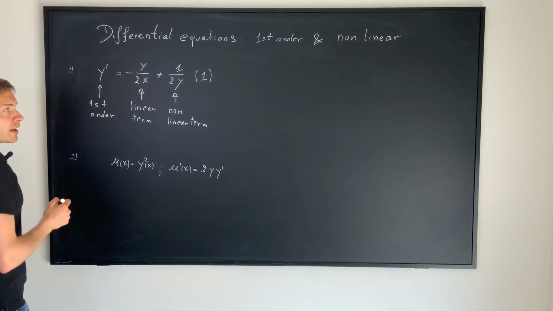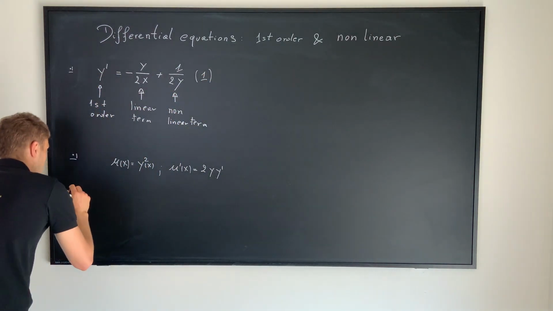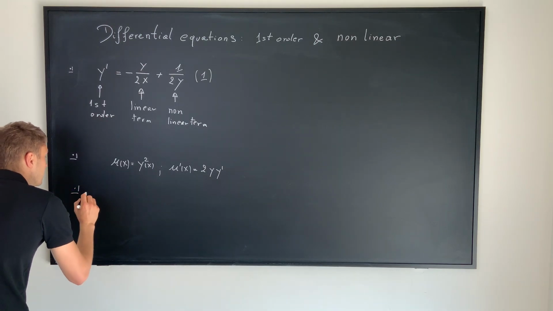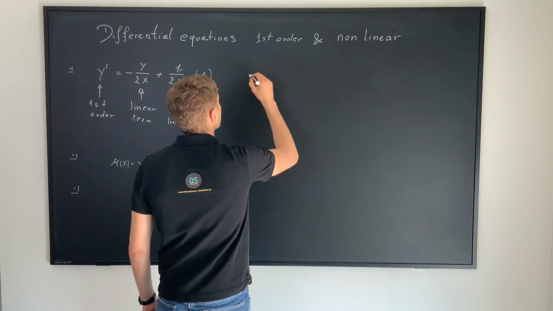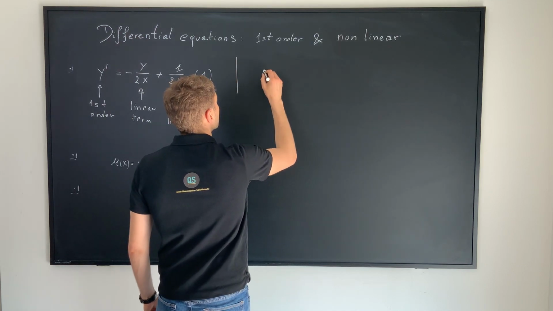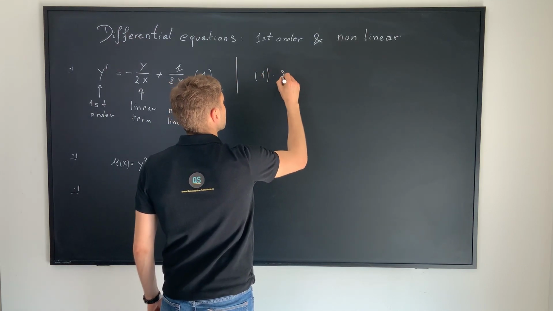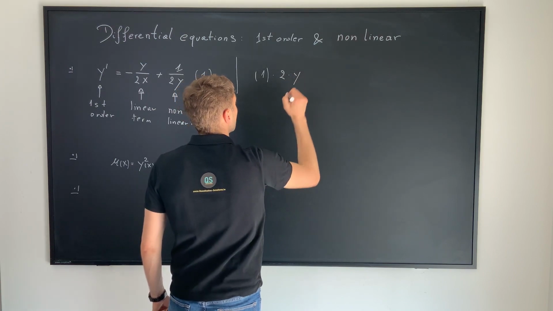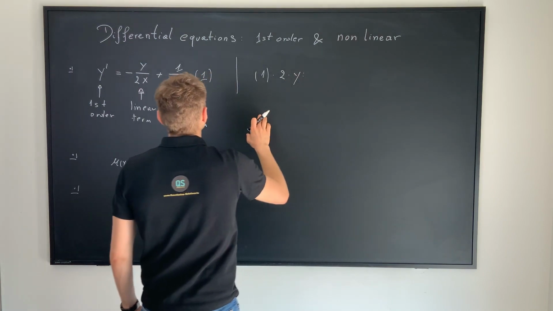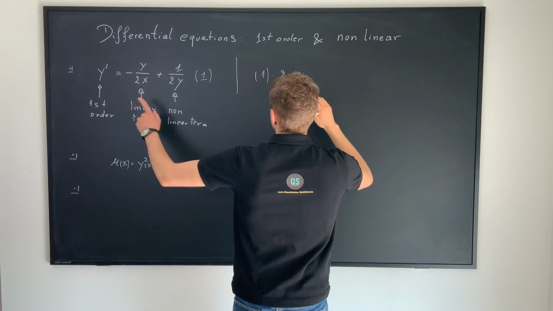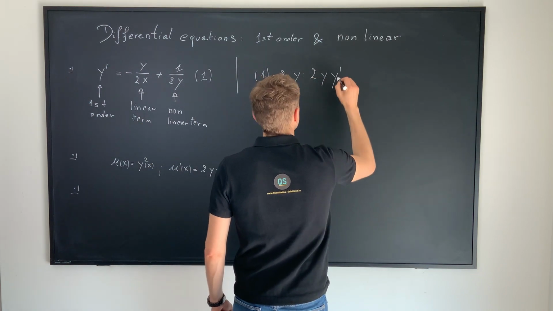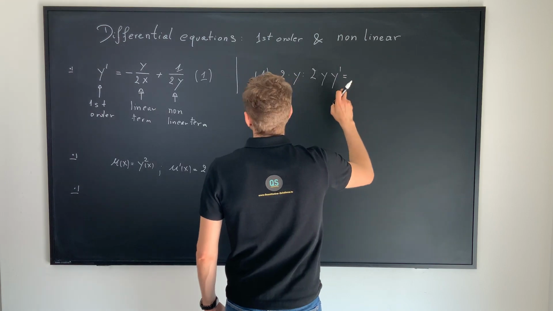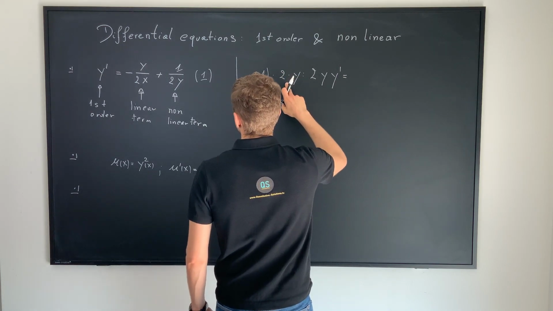And before we will do that, we will actually multiply. Let's do this here. So we will multiply 1 times 2 times y. And what we will obtain is, on the left-hand side, 2y prime equals, so 2 times y.